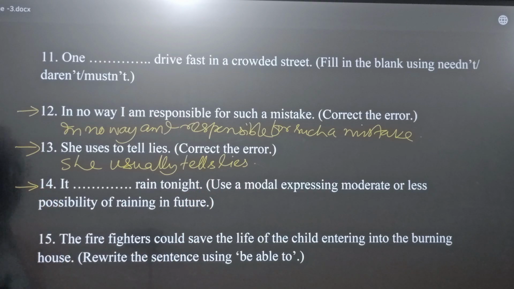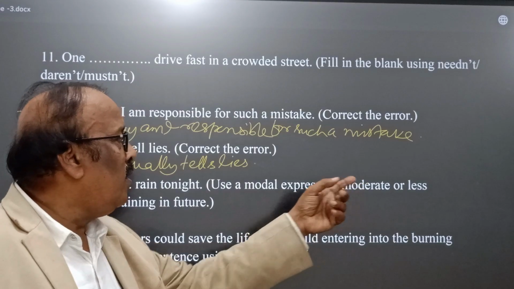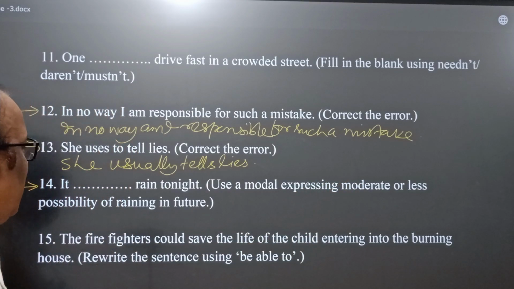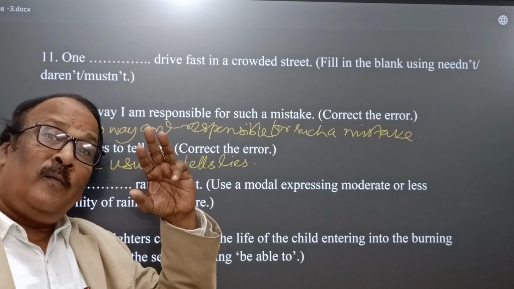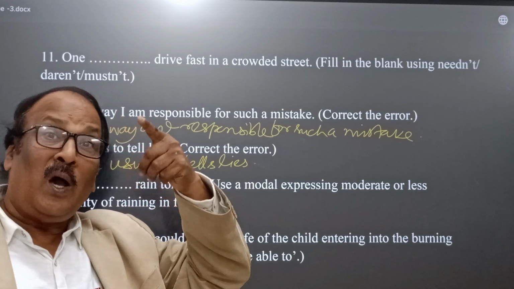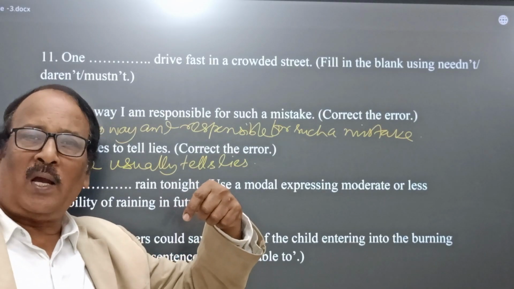Question number 14. It blank rain tonight. Use a modal expressing moderate or less possibility of raining in future. We have discussed that there are three ways of possibilities. One, may is used to express more possibility of action.